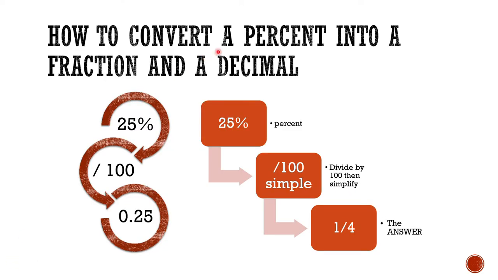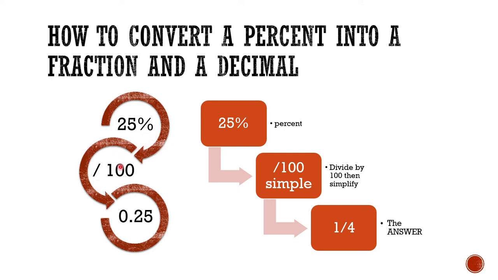Now, how to convert a percent into a fraction and a decimal? Knowing how to convert a percent into a fraction or a decimal can help us make the calculation of percentage easier. Now I have a number percent, for example 25%.